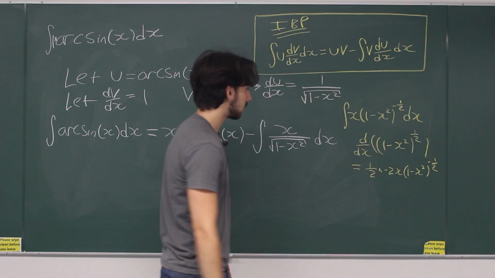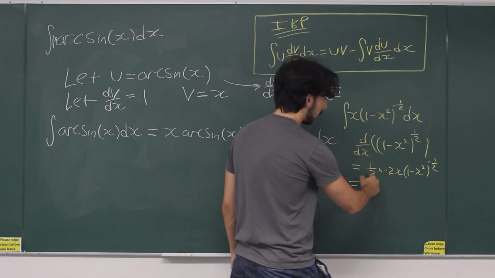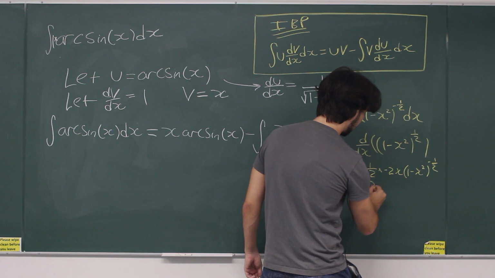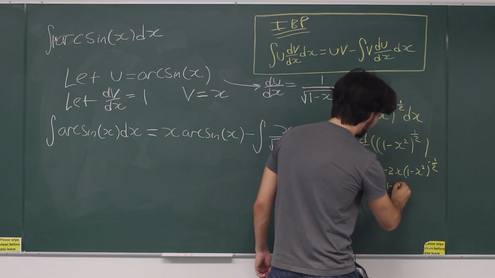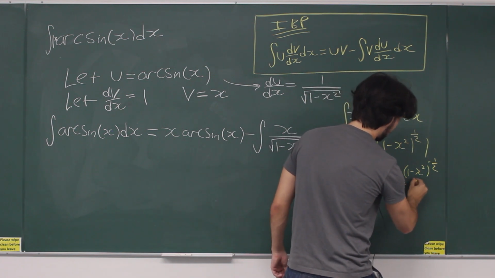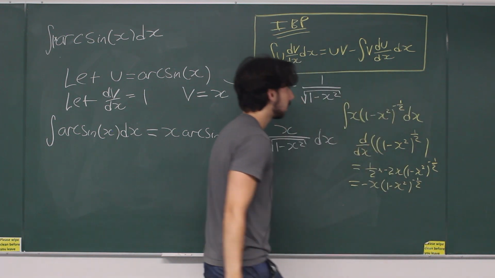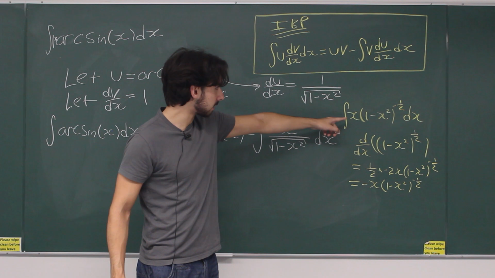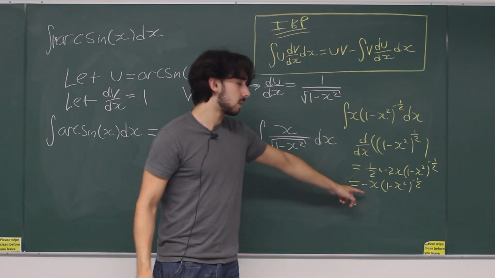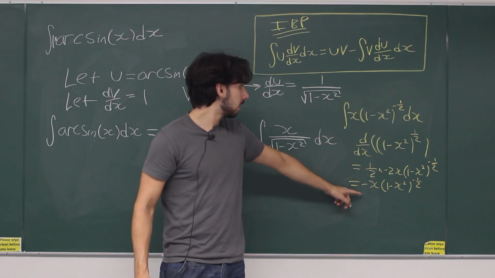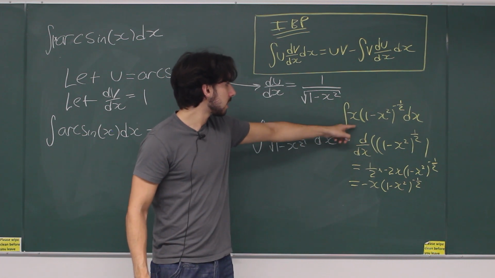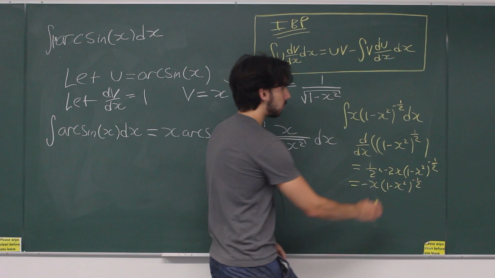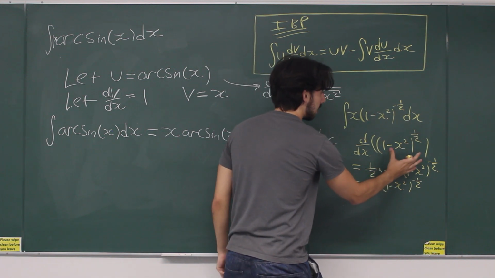But look at this, guys. The 1/2 and the 2 cancel. So all we're left over with is minus x times 1 minus x squared to the power of minus 1/2. But look at this integral. It's the same thing, but the only difference is that there's a minus there, okay? Which means that this integral must be equal to the negative of what is inside these brackets here.